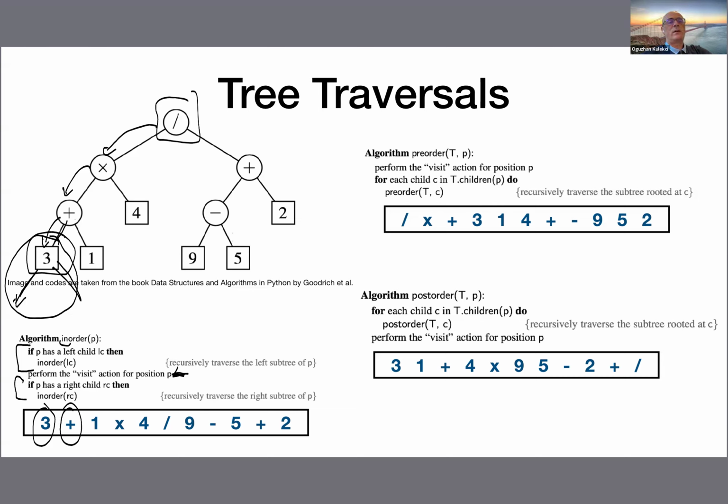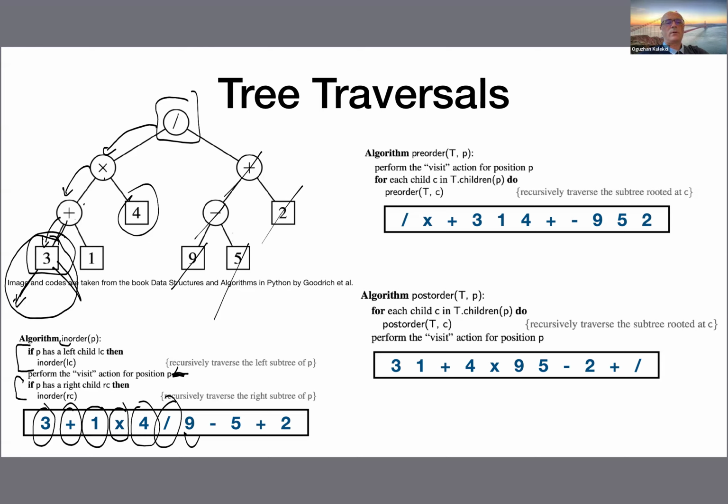And you go to the right child. Again, there are no children of this node, so that is why you print it here. You go to the parent, you can print it, then 4, right? Then the root node itself, and then the same story with the 9 minus 5 plus 2.